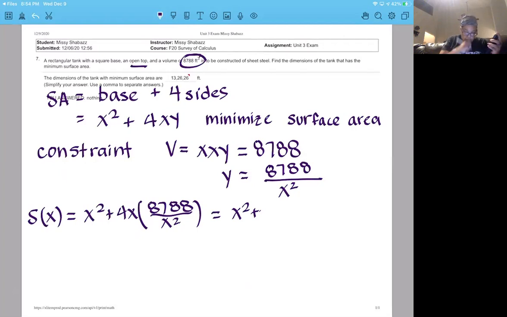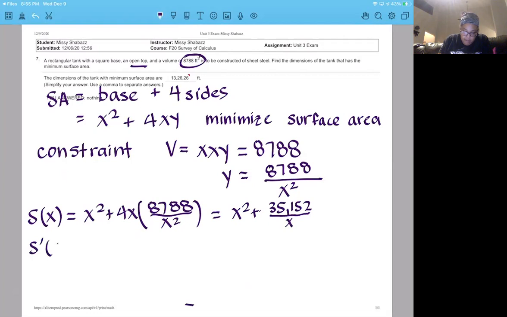Gosh, big numbers. 35,152 over x. All right, so now we're ready to take the derivative.